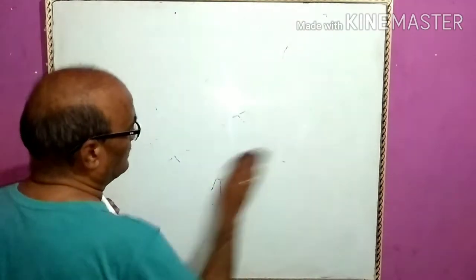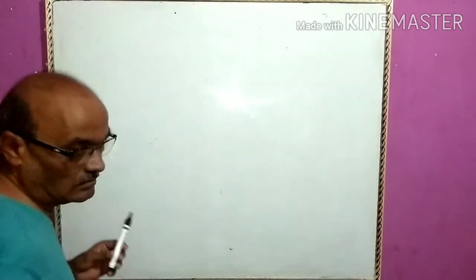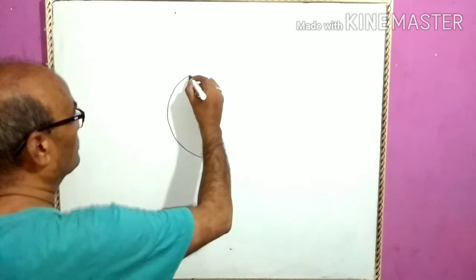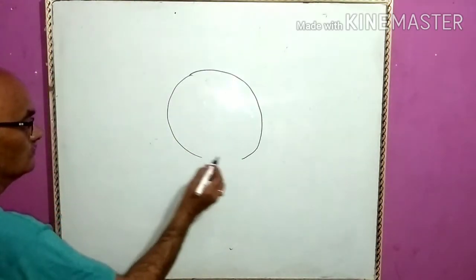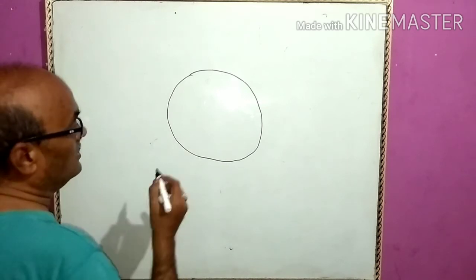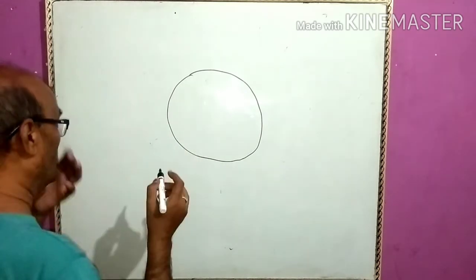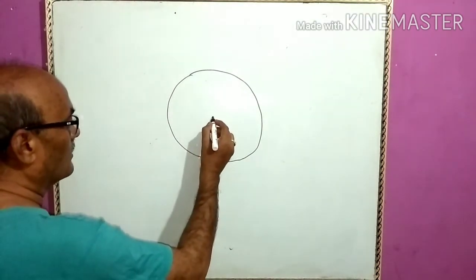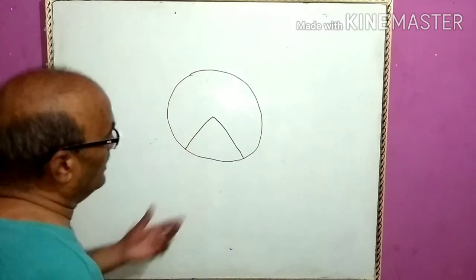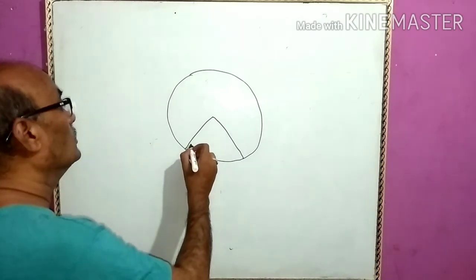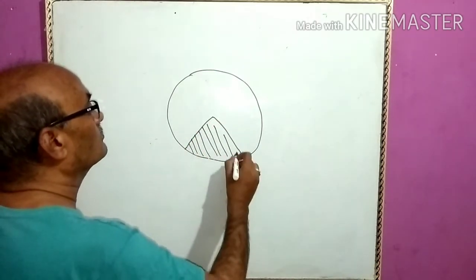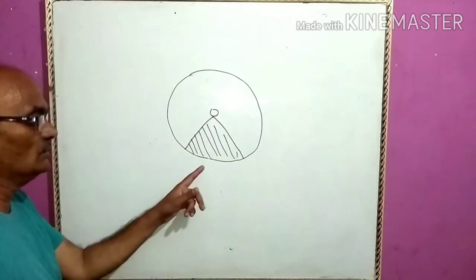What is a sector and what is a segment? A region of a circular region bounded by two radii and an arc is called a sector. This is called a sector.